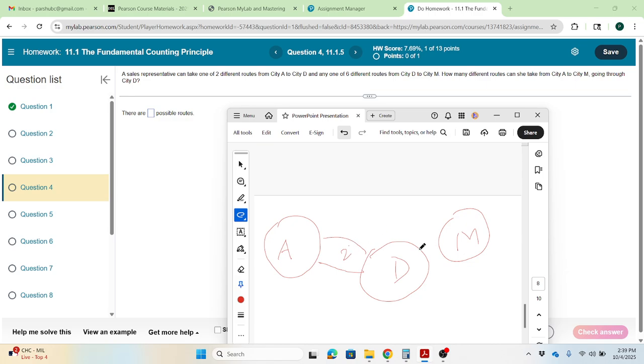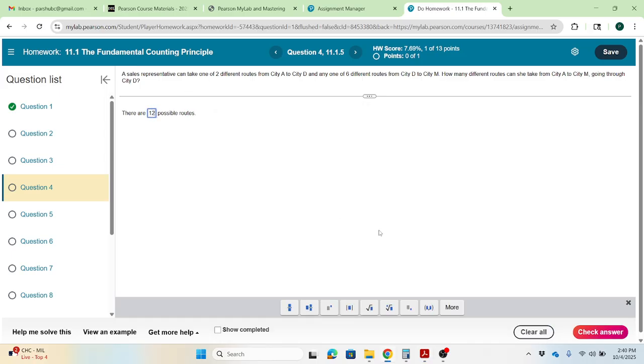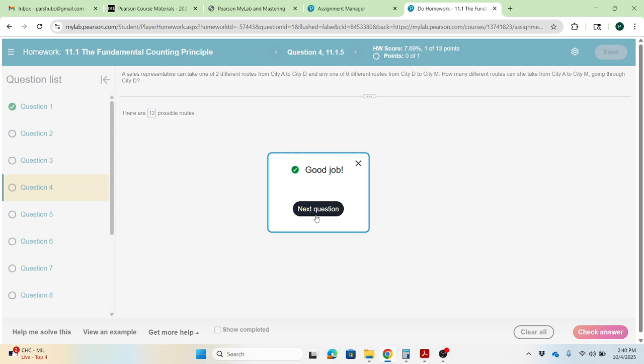From D to M there are how many options? From D to M there are 6. 1, 2, 3, 4, 5, 6. So how many different routes can the representative take from city A to M? We don't know whether there is a direct route from A to M. These are the only options we have. So from the fundamental counting principle, it's 2 times 6. So the total number of possible outcomes is 12.